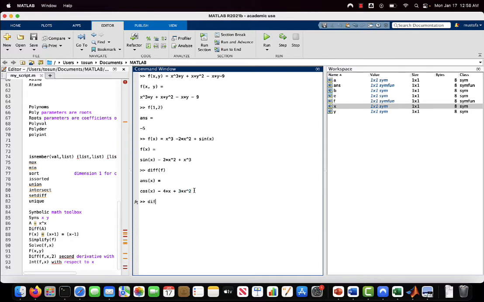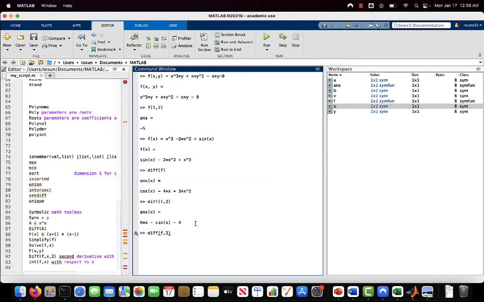And if you use the diff function to get the differentiation of my function f, I can use a number here. This time, this function will return the second derivative of my function, which becomes 6x minus sine x minus 4.